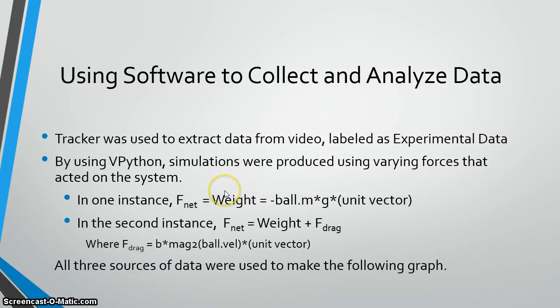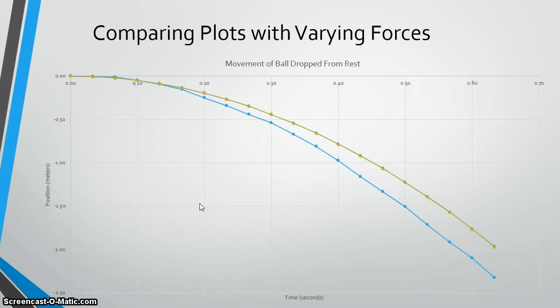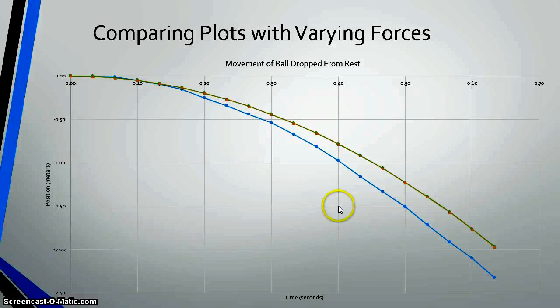But all three sources of data, Tracker and the two instances of VPython simulations, were used to make this graph, in which the blue is equal to experimental data, the green is equal to the model incorporating only gravity, and the orange was the model data incorporating gravity and drag.